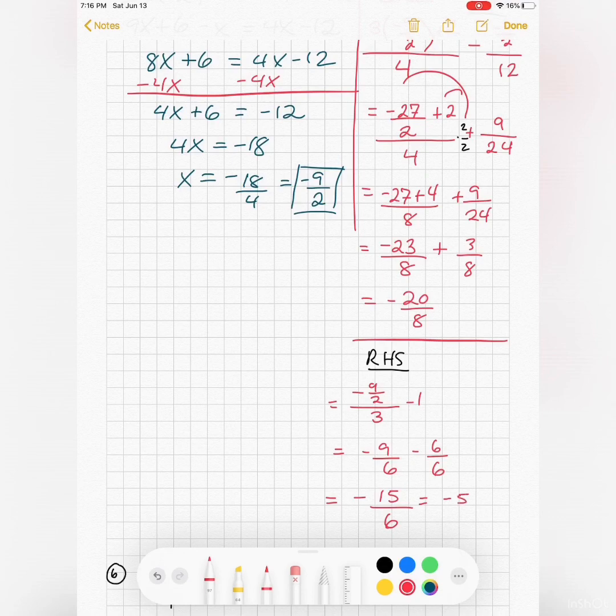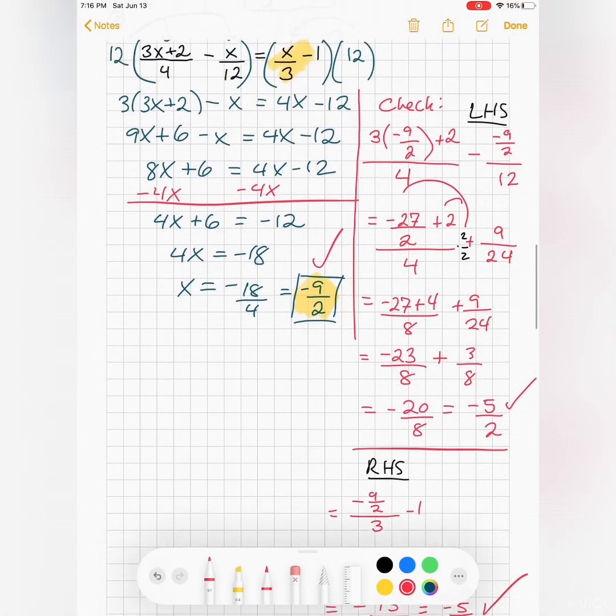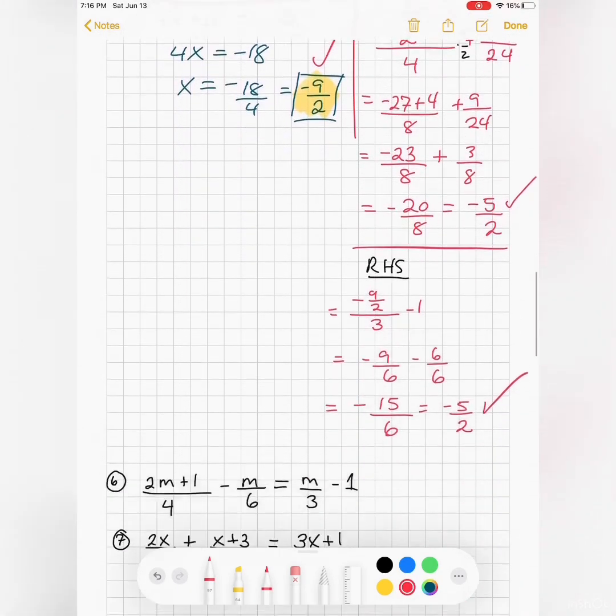See, divide by 3. So I guess I didn't reduce this one. Divide by 4. Oh my goodness, so we get the same thing. So our solution here does check. That's a long one.